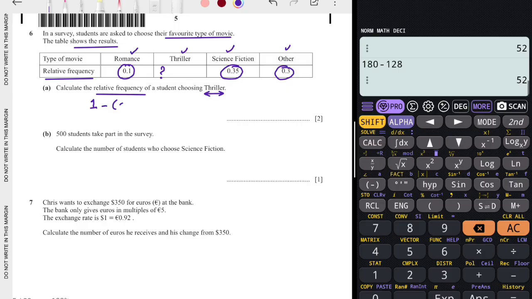So 1 minus 0.1 plus 0.35 plus 0.3, we have 0.75. So 1 minus 0.75 would be 0.25. This would be the answer. Next question.